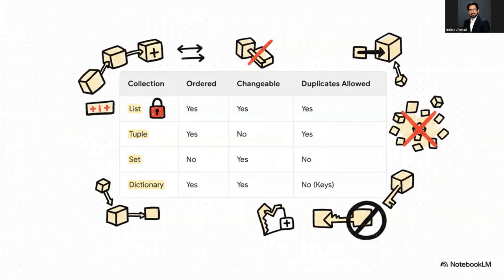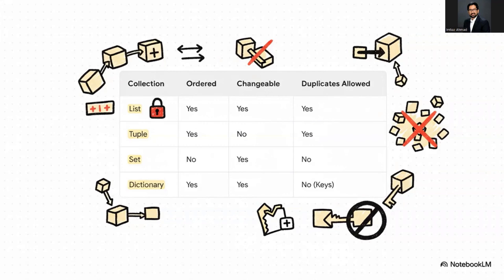So a list is changeable and is totally fine with duplicate items. On the other hand, tuples are basically an ordered list that's been locked down. You can't change it after you have created it. And then you have sets, which are all about one thing, uniqueness.